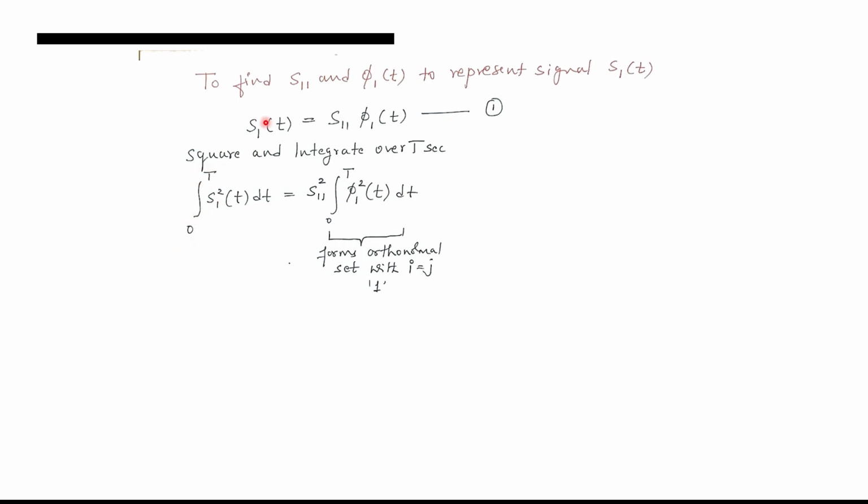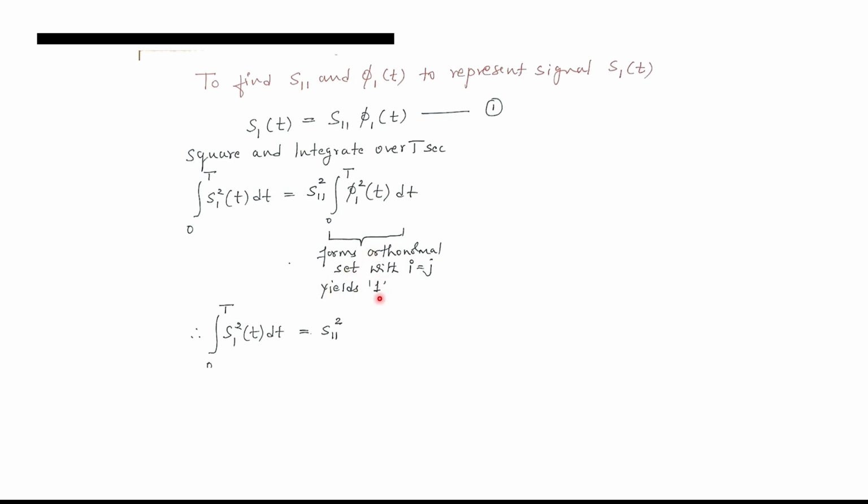Integral 0 to T of S1 squared t dt is equal to S11 squared times integral 0 to T of phi 1 squared t dt. Whatever is within this integration forms an orthonormal set, because here there are two basis functions, phi 1 of t and phi 1 of t. Because i is equal to j here, it yields the value 1, or unit magnitude.